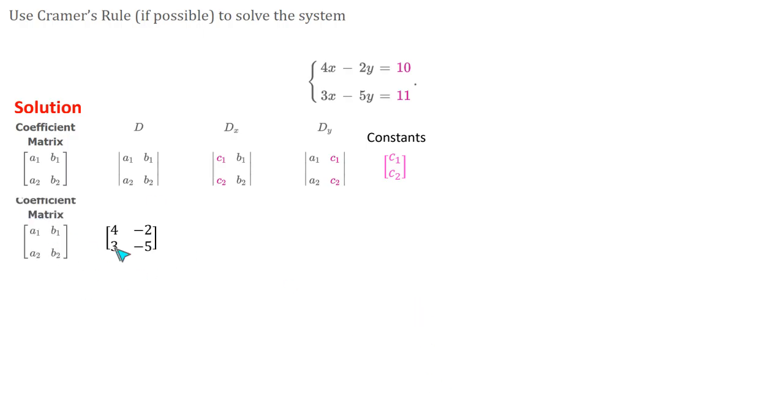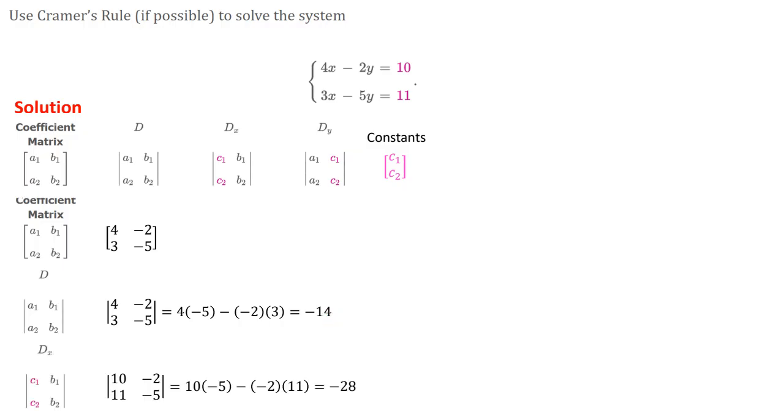My coefficient matrix is 4, -2, 3, and -5. Again, these numbers are coming from the numbers in front of x and y. If I find the determinant, we get 4 times -5 minus -2 times 3, so we end up with -14. Next we're going to find dx. Instead of the a's, we're going to write the constants.